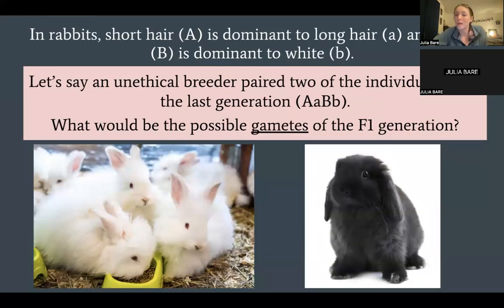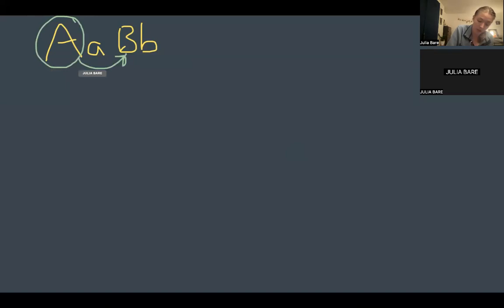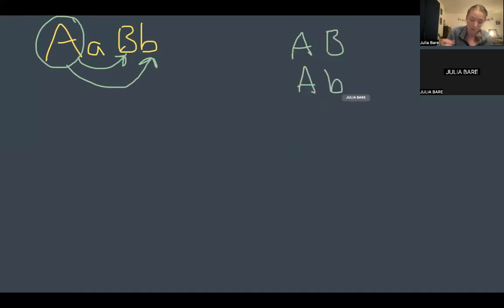So what would be the possible gametes of the F1 generation? Well, if we take the F1 generation and we're trying to figure out the possible gametes, we need to be able to say, okay, this big A is going to end up with either the big B or the little b. So you can either get big A, big B, or big A, little b.